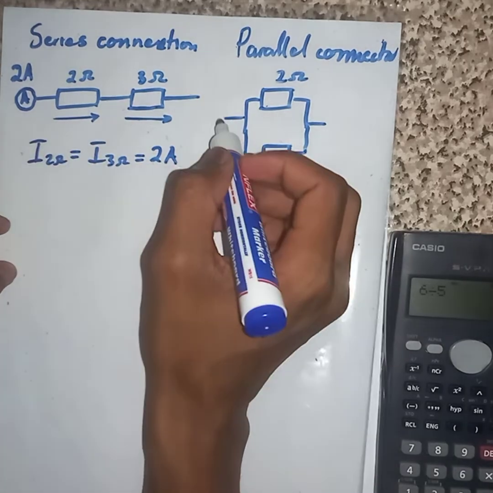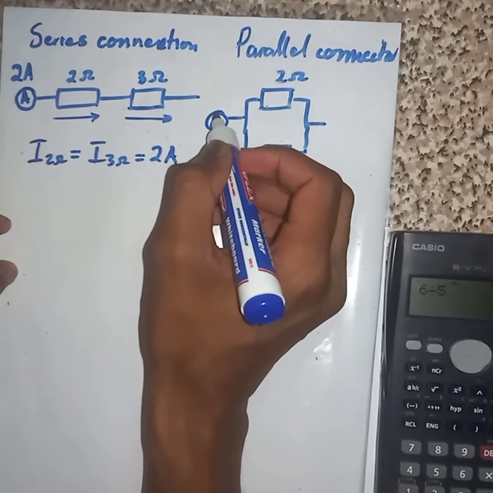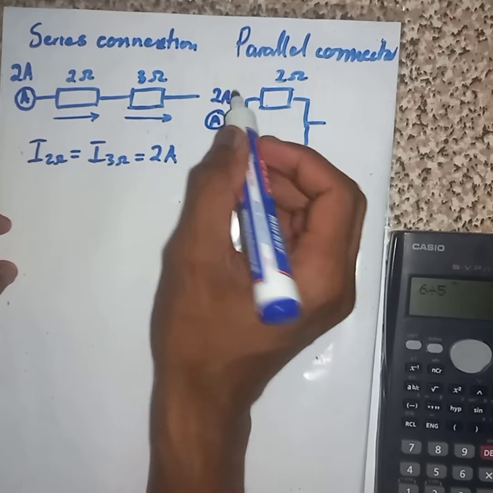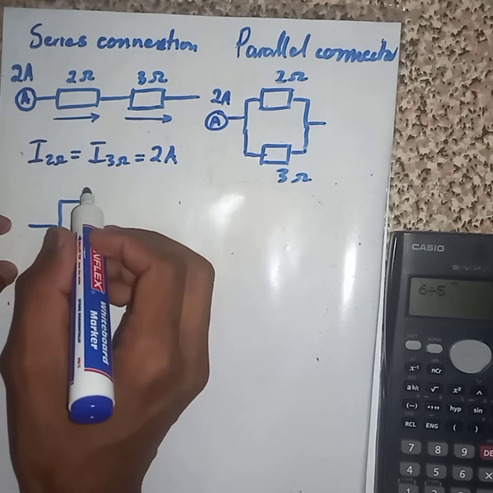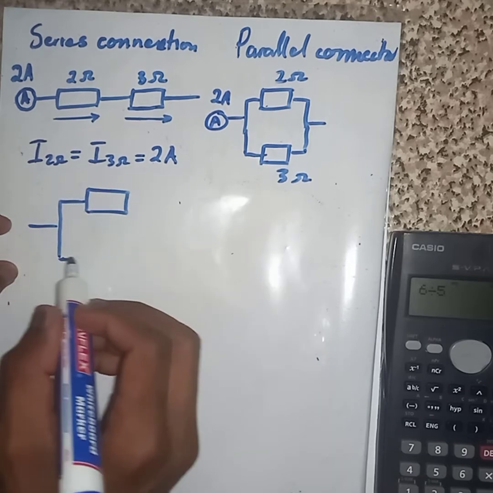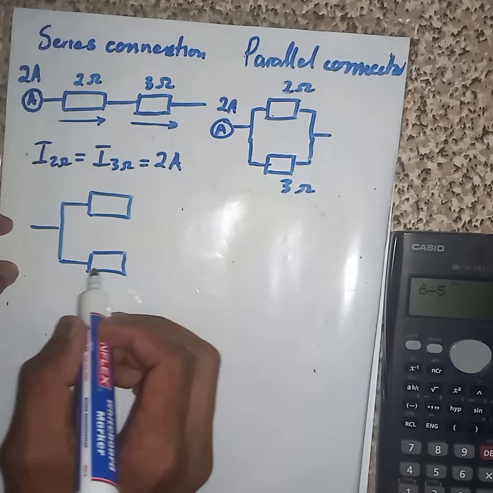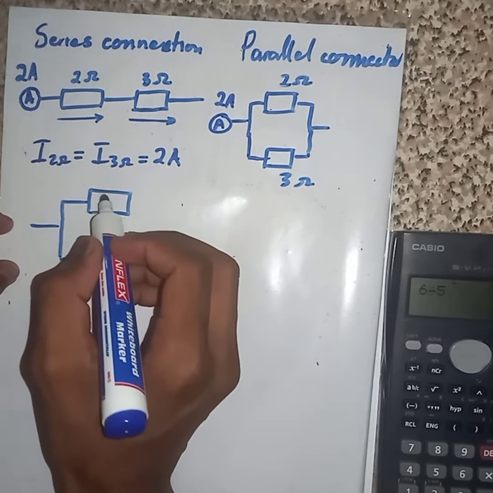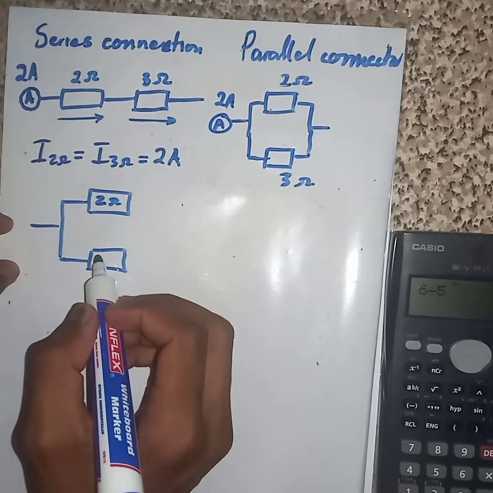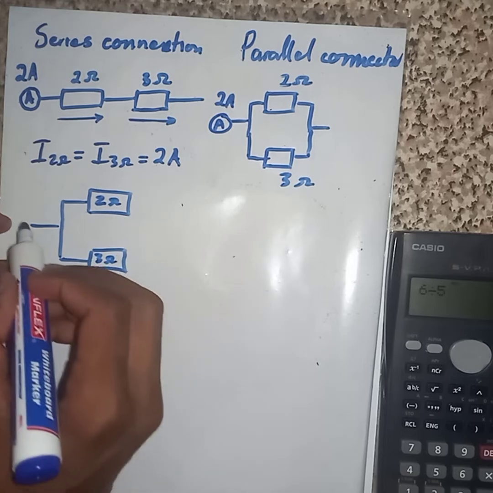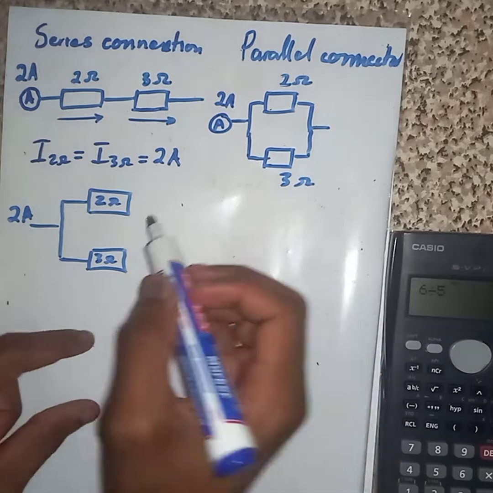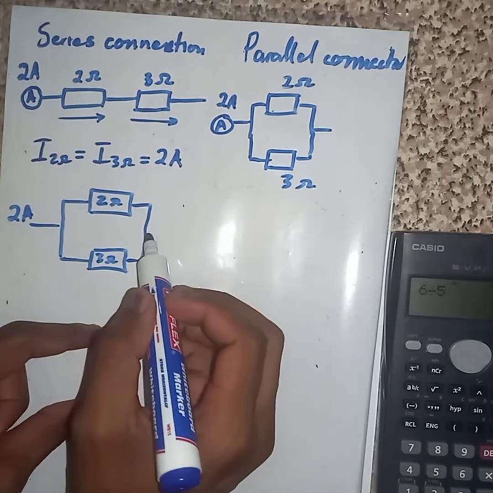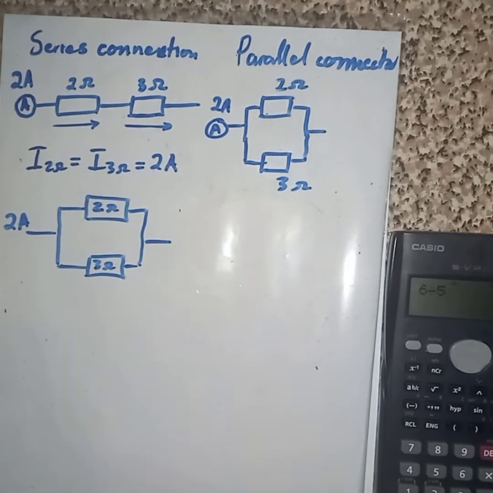Suppose we have the same again. Let's use the same value, 2 ampere. Then how are we going to figure out the current in each resistor, 2 and 3? We have different methods.